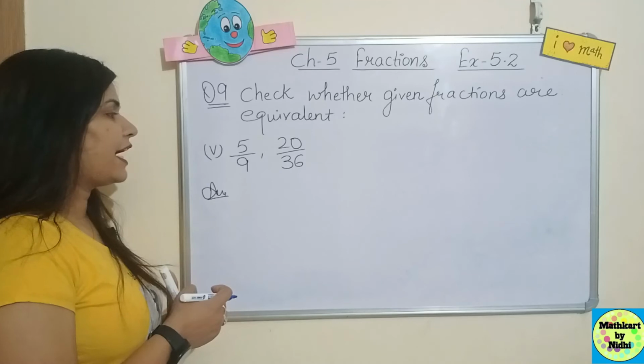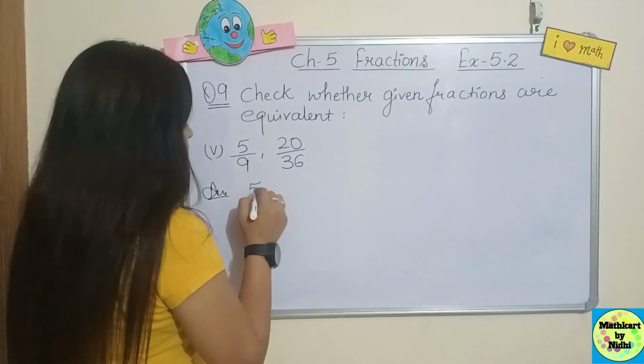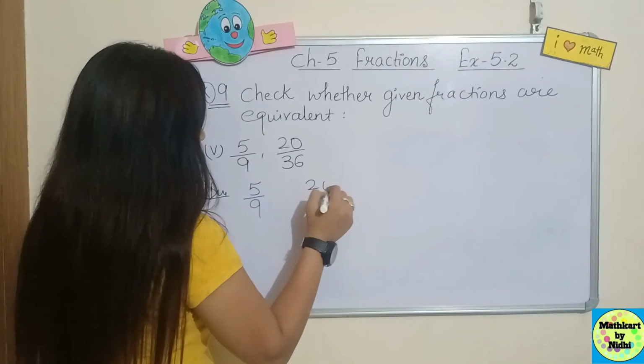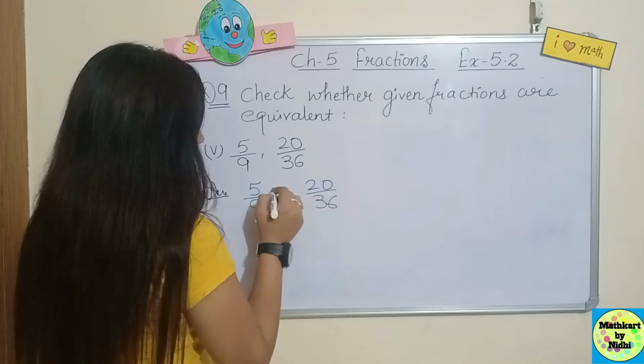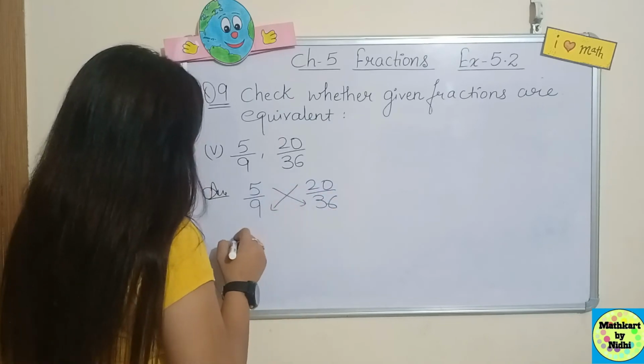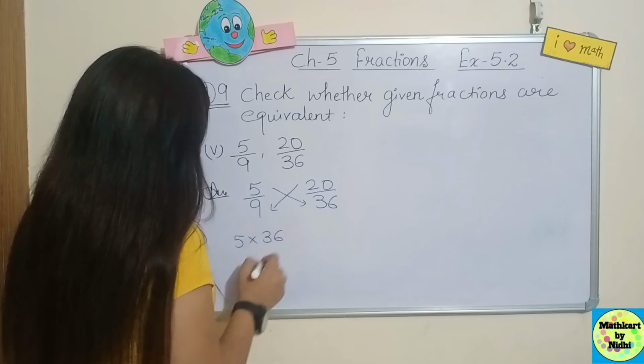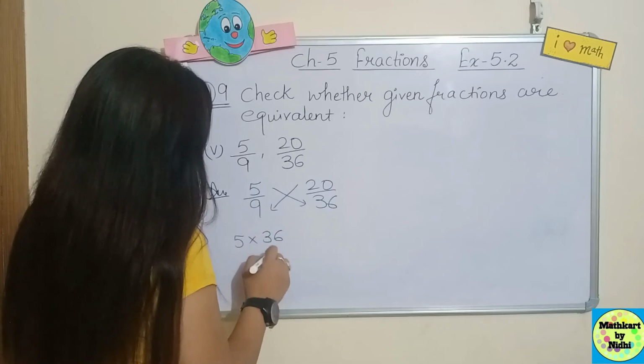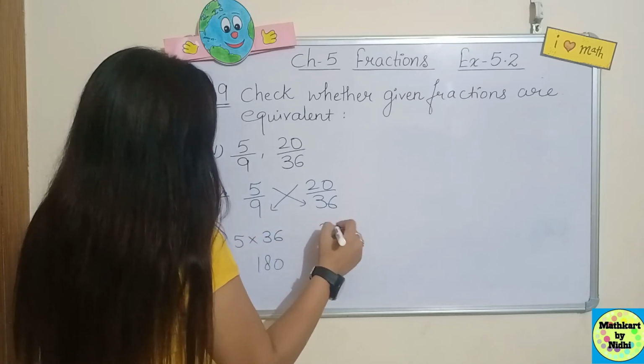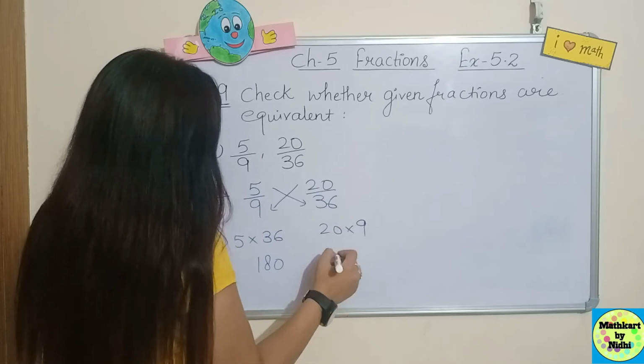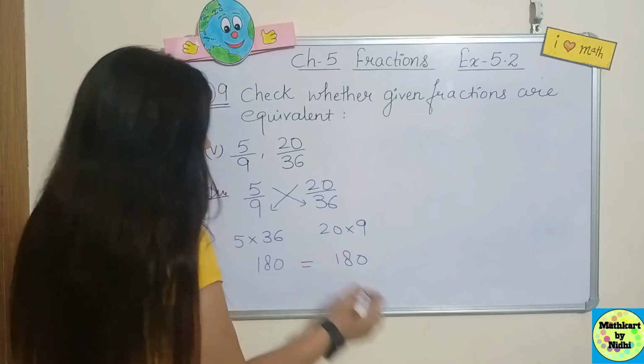The fifth part is 5 upon 9 and 20 upon 36. 5 multiplied by 36 will be equal to 180 and 20 multiplied by 9 will be equal to 180. Both are equal.